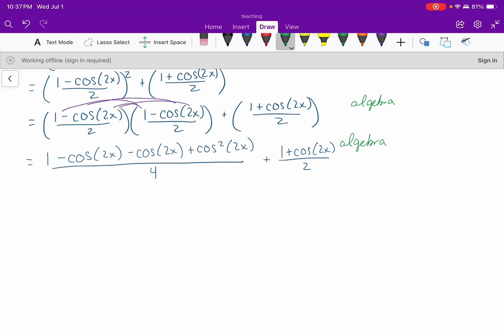I'm going to do some more algebra just to simplify a little bit. I get 1 minus 2 cosine 2x plus cosine squared 2x, and that's all over 4.